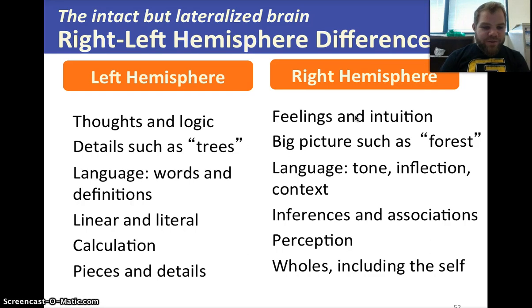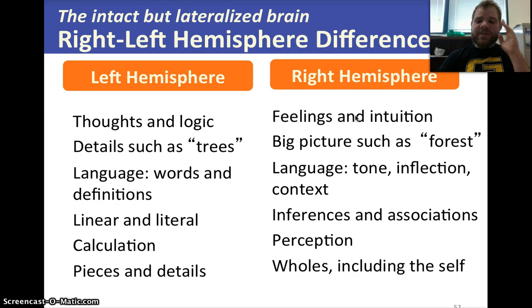Linear and literal, meaning it's very logical, one thing follows the next, cause and effect. Calculation, math, things like that, formulas, pieces and details, very specific information. So the left side has to do with analyzing, reading, math, language.